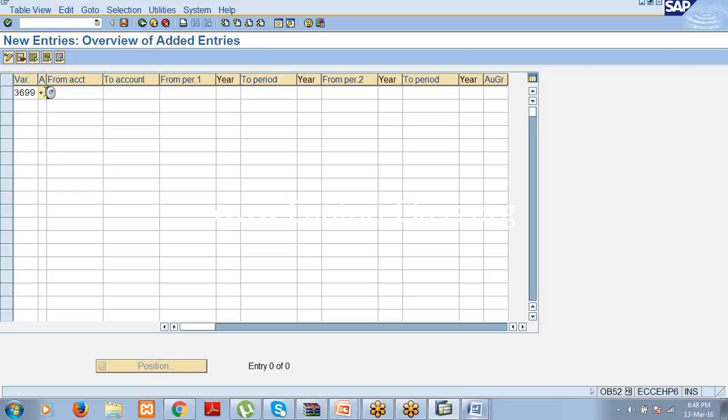Go back to note material. Account type is equal to plus, within brackets. Plus indicates that the posting period variant is applicable to all the account types.